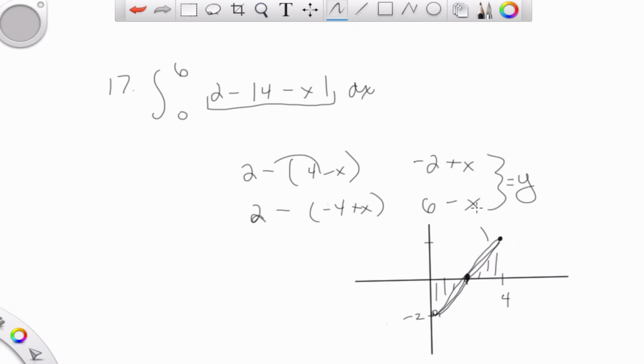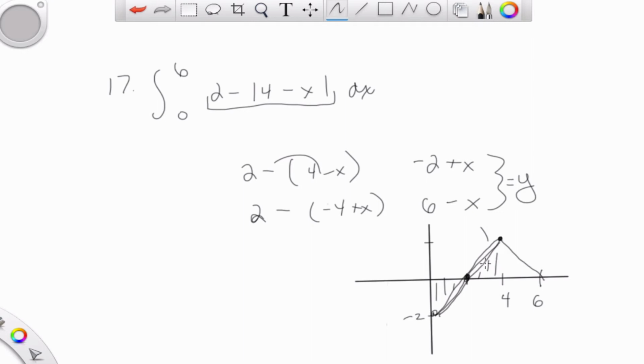When I plug in 4 into this function, I'm also going to get 2, so I have that point there, and I have a slope of -1, so it's going to go down 1 over 1, down 1 over 1, and when it goes to 6, if you plug in 6, you're also going to get 0.